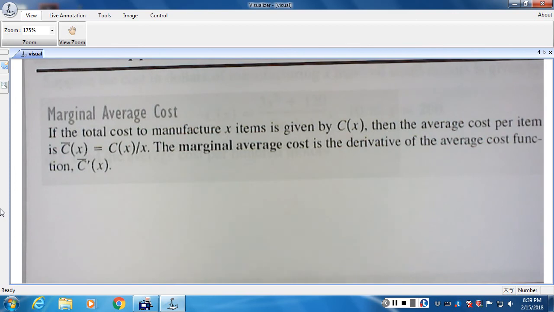Because what you're going to see is that in the beginning, your average cost, which is your cost per item, is going to be pretty high. But as you make more and more and more, your average cost generally shrinks. But it doesn't continue to shrink forever. At some point, your average cost per item is going to stop going down and start going back up.